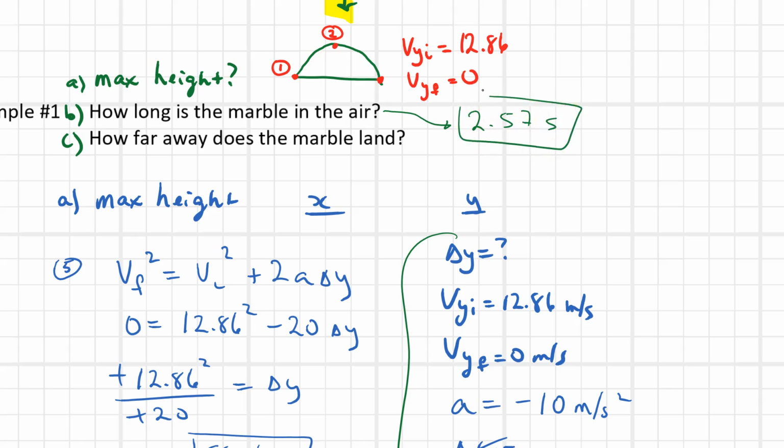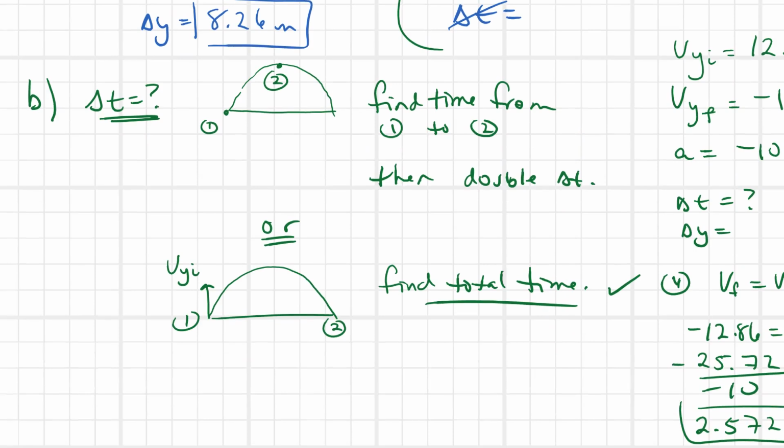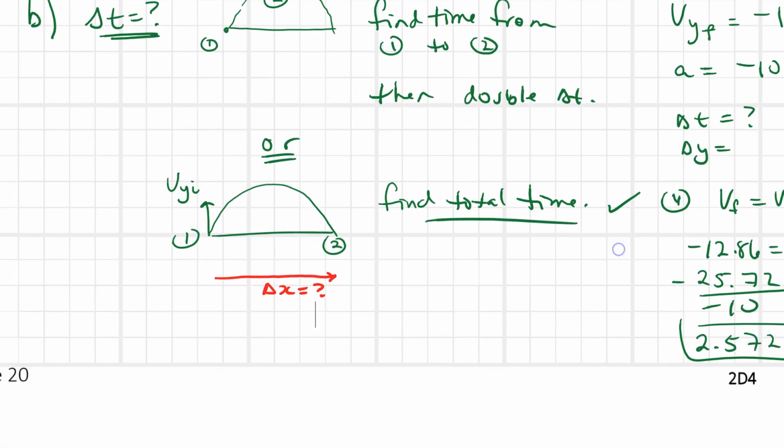So the last one is, how far away does the marble land? So what is that asking for, how far away? Well, that is asking for this horizontal direction here. What was the delta x? So I'll do C in red. Now this is the x column. So when I'm thinking in the x column, really I got Vx equals, I got delta x equals, and I got delta t equals.